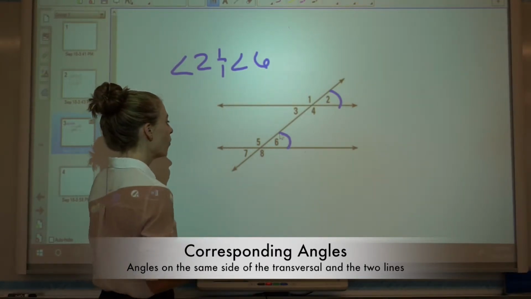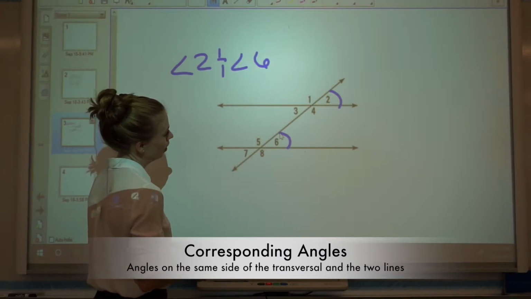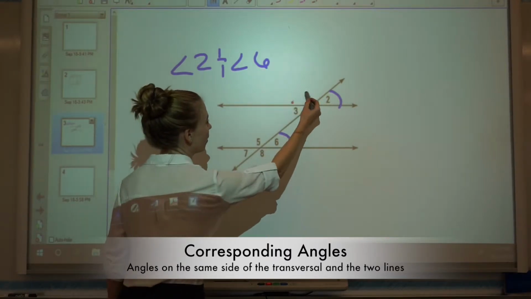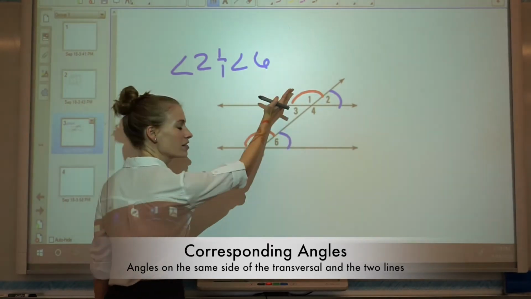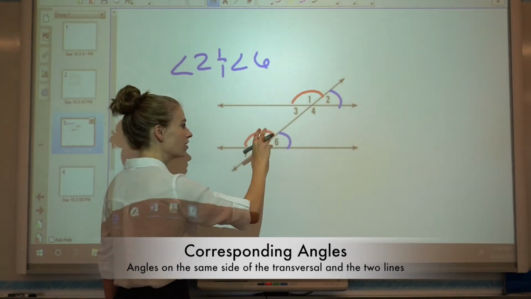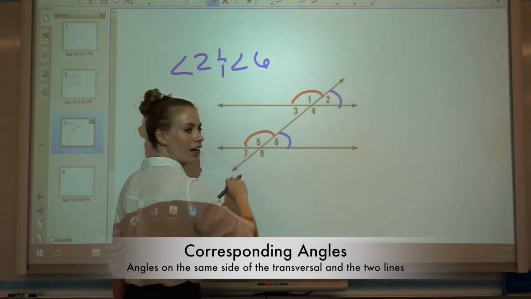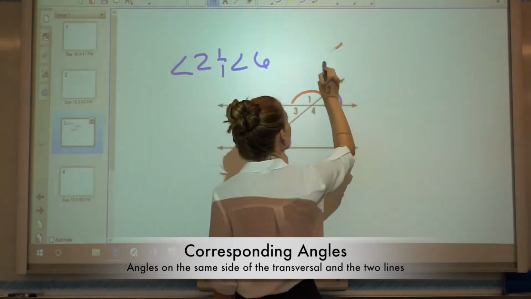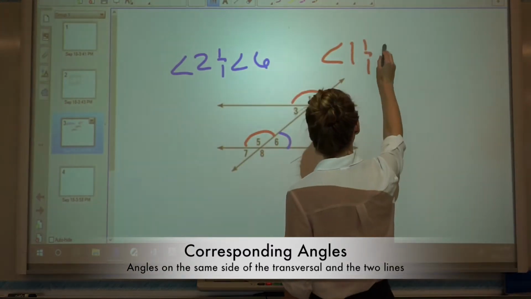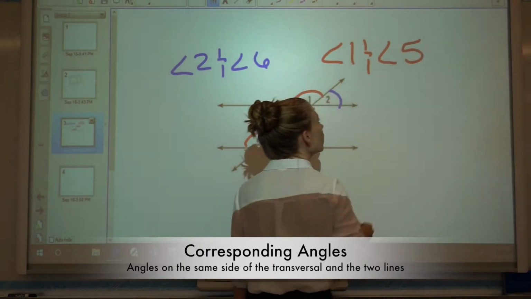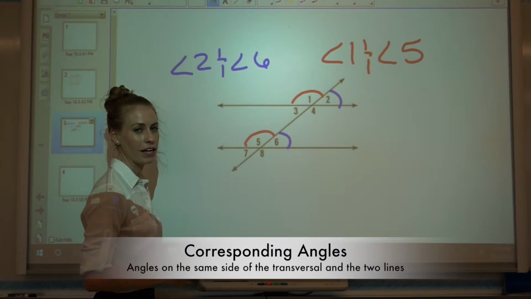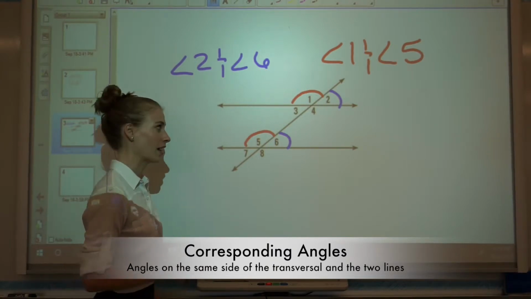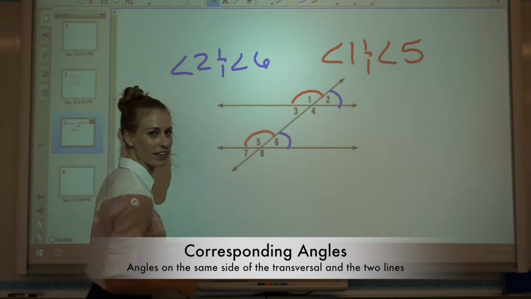All right, what about maybe angle 1 and angle 5? Okay, they're on the same side as the transversal and also on the same side of the two lines. So angle 1 and angle 5 are also corresponding angles. I bet you can find some more, and I'll make sure to put a list of the rest.